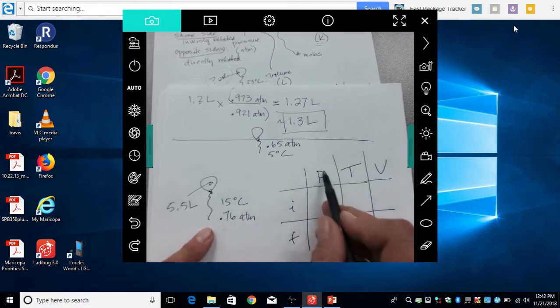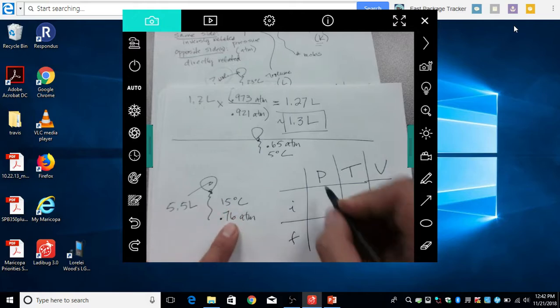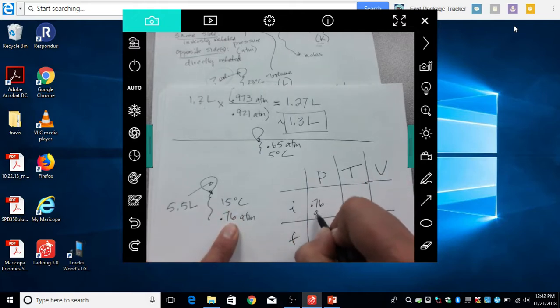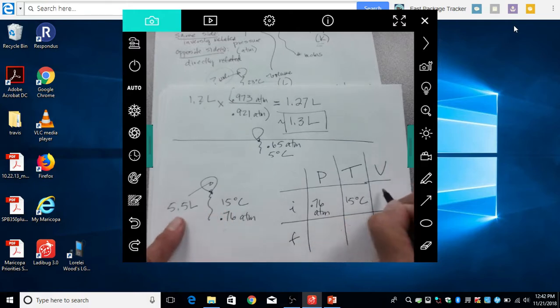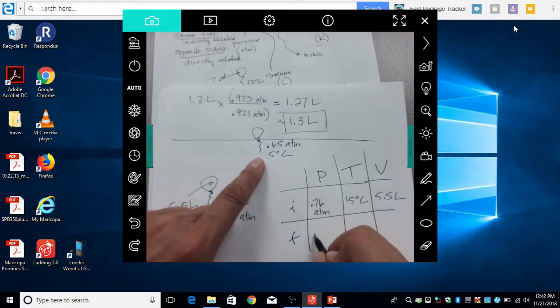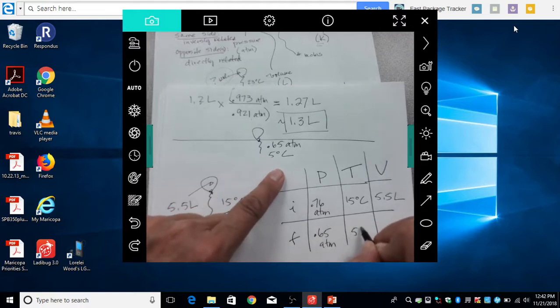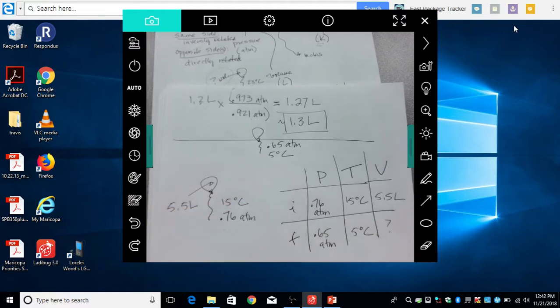My initial values for pressure are 0.76 ATMs. My initial temperature is 15 degrees Celsius. My initial volume is 5.5 liters. Once the balloon goes aloft, it goes down to 0.65 ATMs, 5 degrees Celsius, and we have to figure out what our new volume is going to be, right?